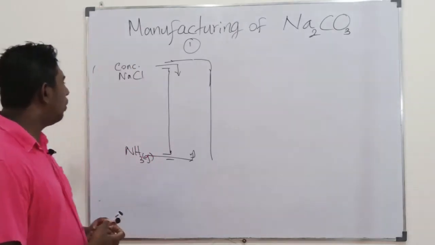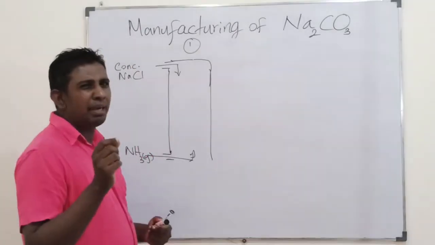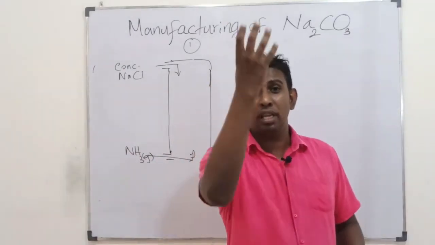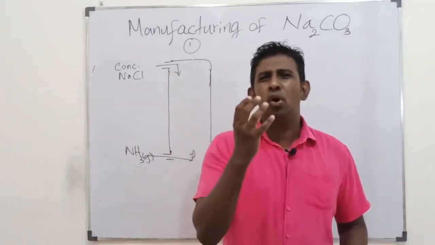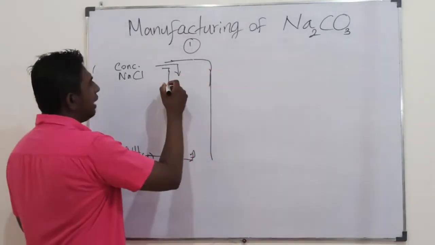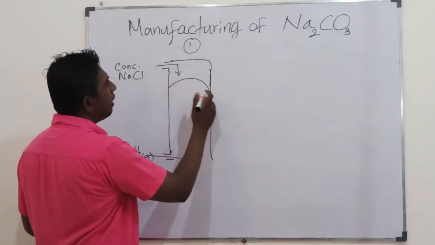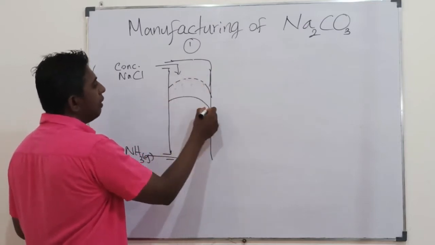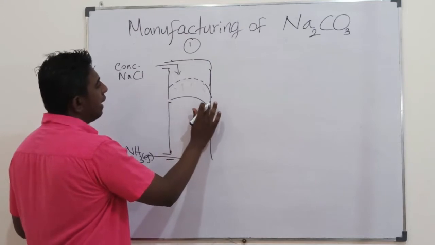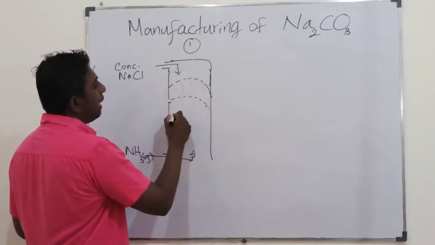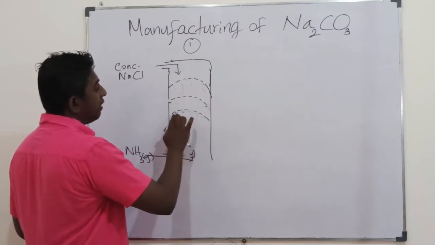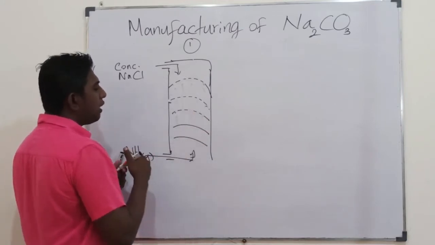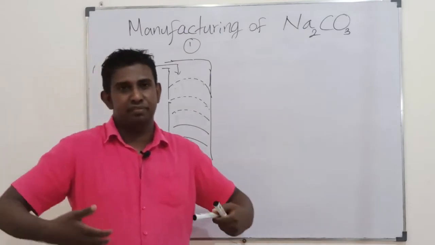Okay, so one thing is that this solution is heavy, so it would fall down fast. To slow that, we have some porous plates made out of clay. Perforated clay plates. We could call them baffles.